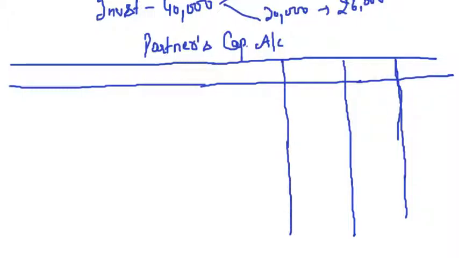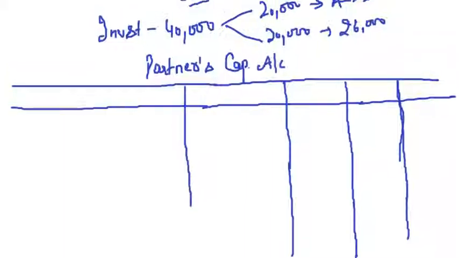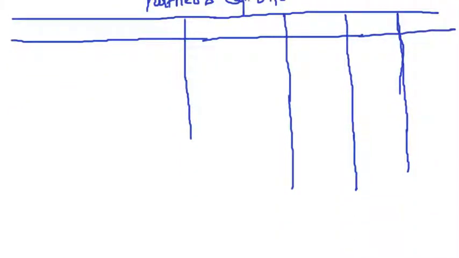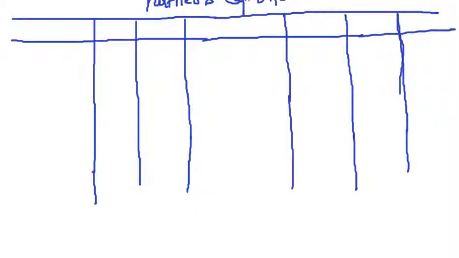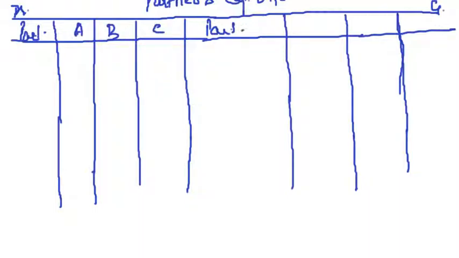So we have 3 partners, A, B and C. I have a lack of space, so I'll just keep it short. So debit and credit. Particulars A, B, C. Particulars A, B and C.